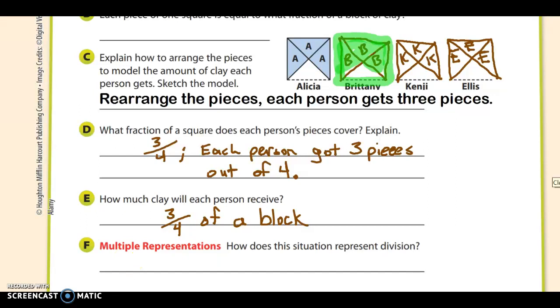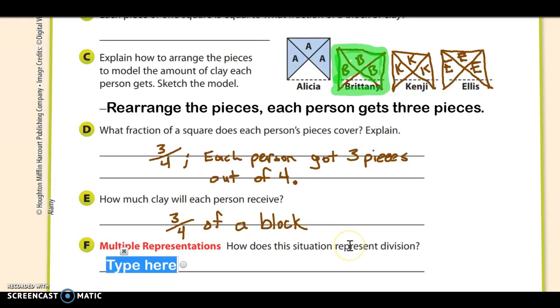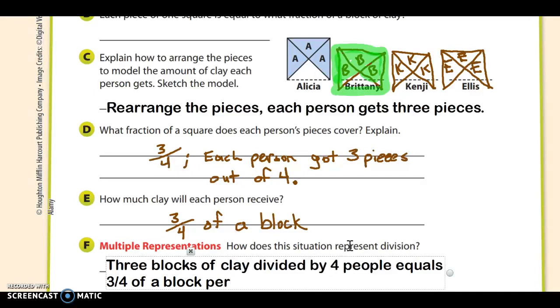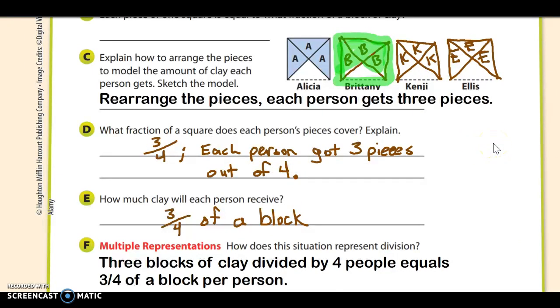I think I can have a little bit better explanation if I type it. 3 blocks of clay divided by 4 people equals 3/4 of a block per person. So the question says, how does this situation represent division? Well, it represents division by taking 3 blocks of clay and dividing it by 4 people.